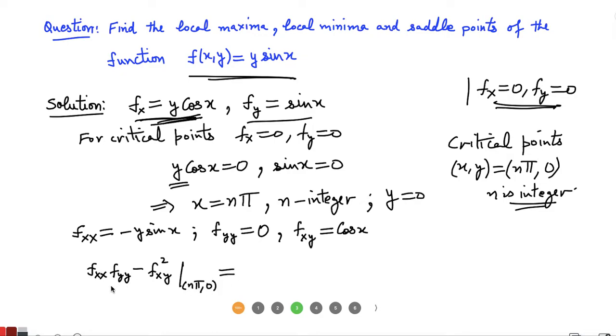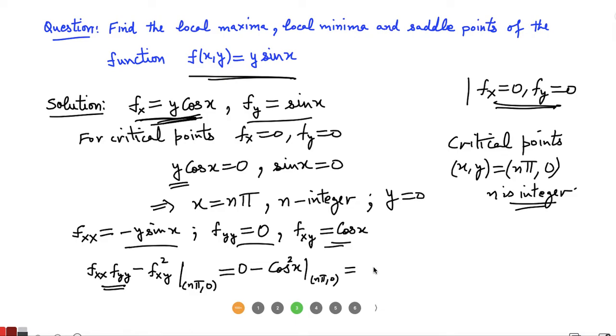So first calculate the product, which is 0, minus fxy squared, so that's minus the square of cos x at the point n pi, 0.